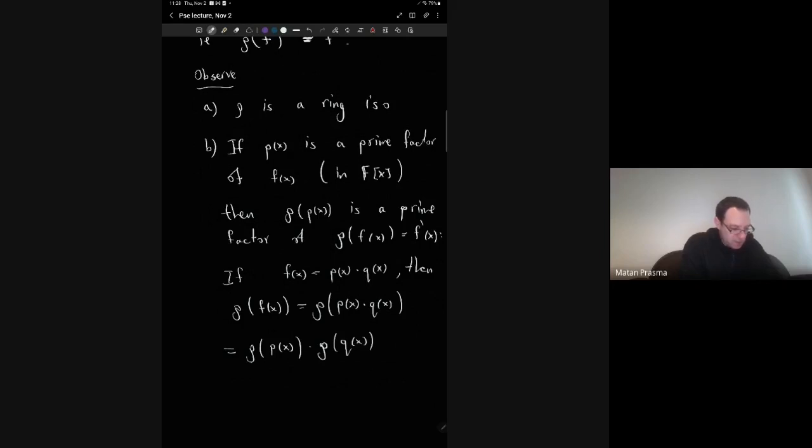And this is, of course, f prime of x. So rho p(x) is indeed a factor of f prime of x.